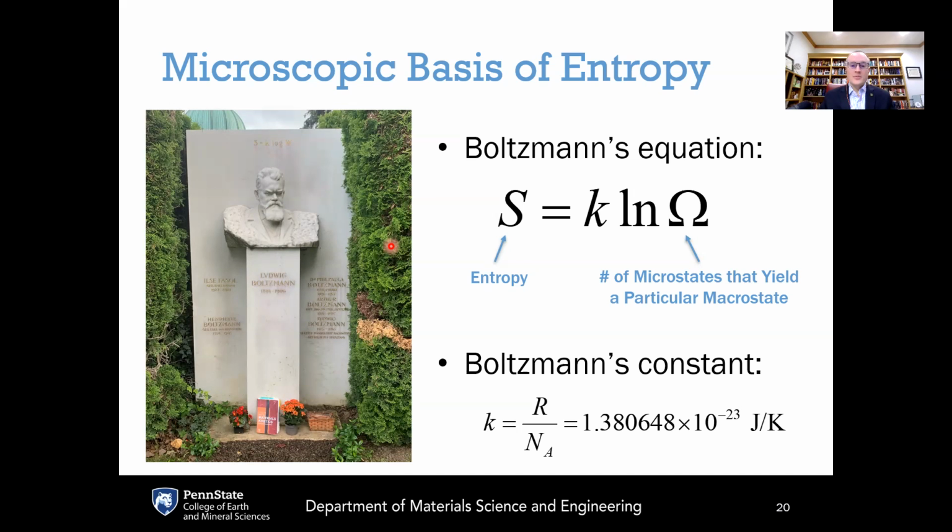Now, another problem for Boltzmann was not just his embrace of the concept of atoms, but also he was using a branch of mathematics that was considered to be immoral. He was using probability and statistics and treating it as an intrinsic part of the description of physics of materials.